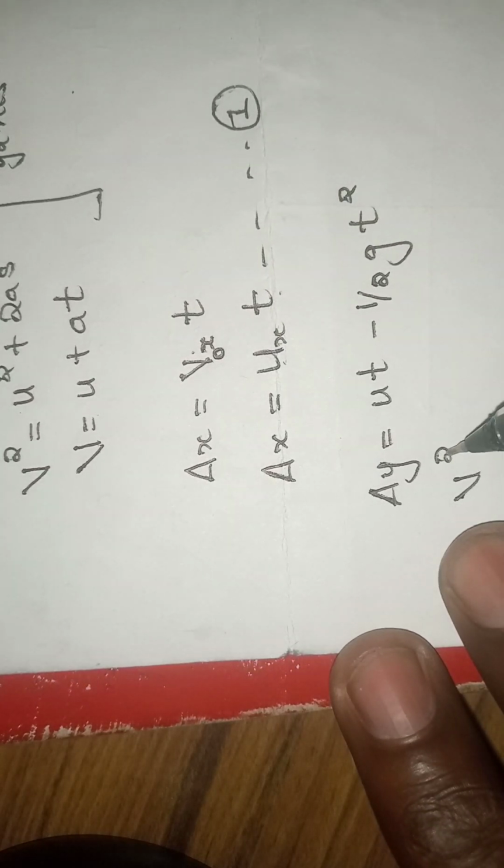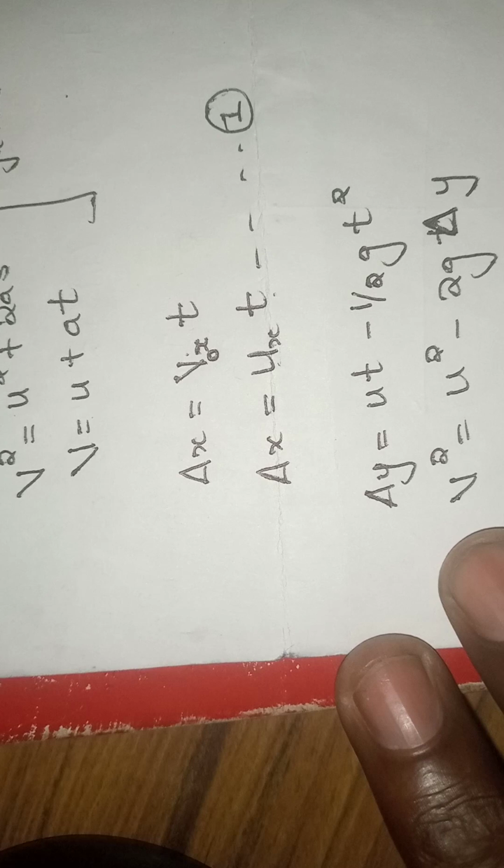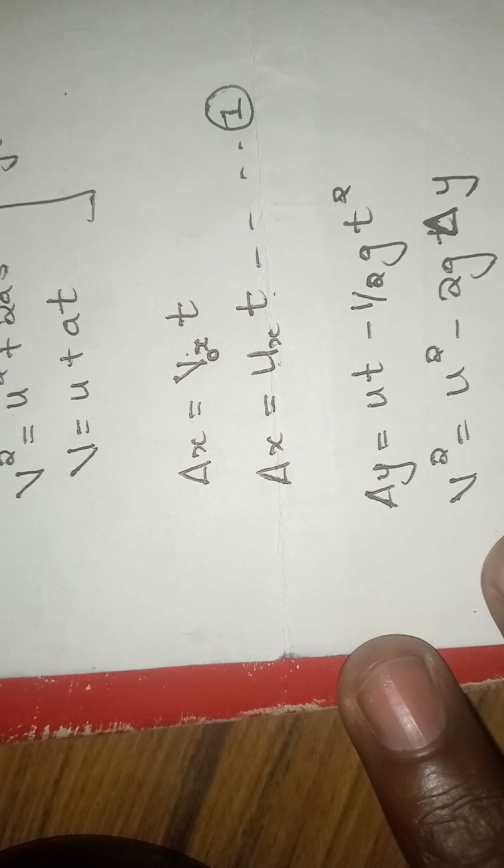Then the other one is v squared is equal to u squared minus 2g times change in y. Then we have the last one, which is v is equal to u minus gt.